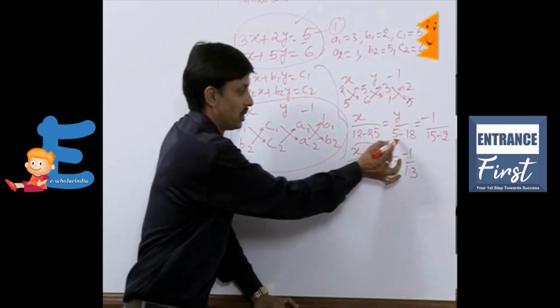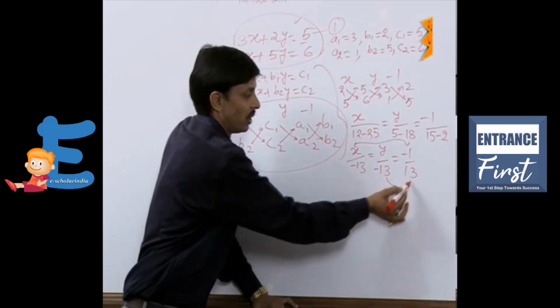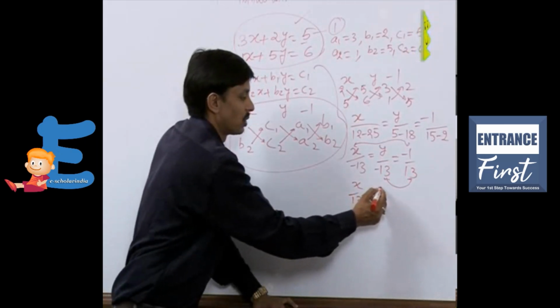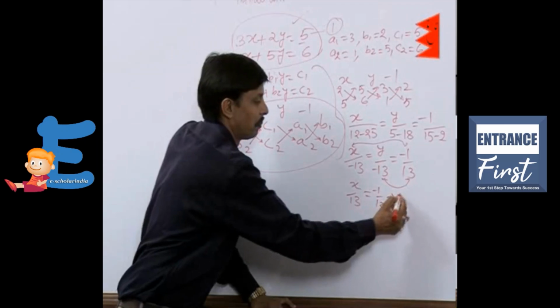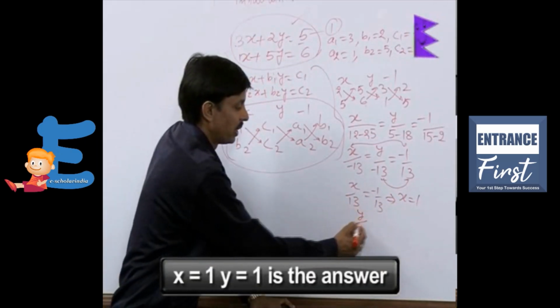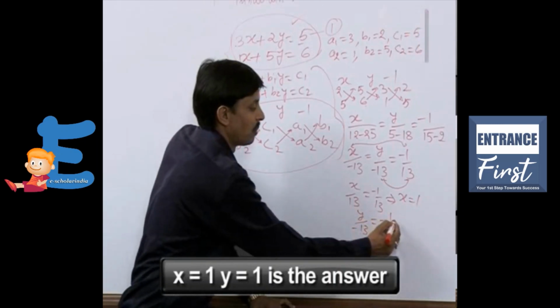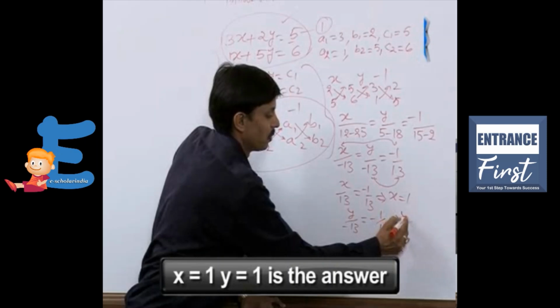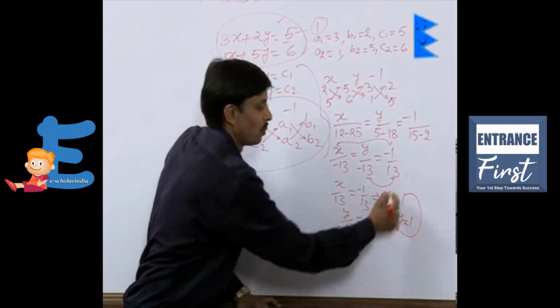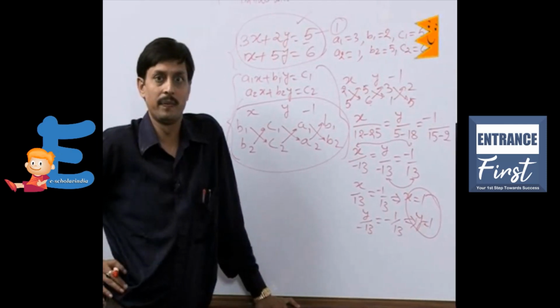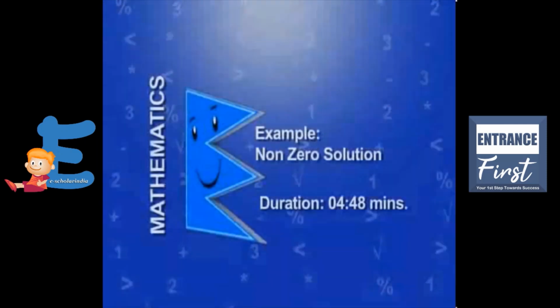First of all equate this and then equate this and this. So x upon minus 13 is equal to minus 1 upon 13, which implies that x equals 1. And similarly y upon minus 13 is equal to minus 1 upon 13. This also implies y equals 1. So the method we have changed, the last method we have applied, but we are getting the same answer.